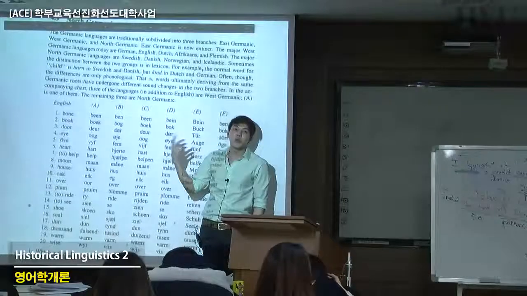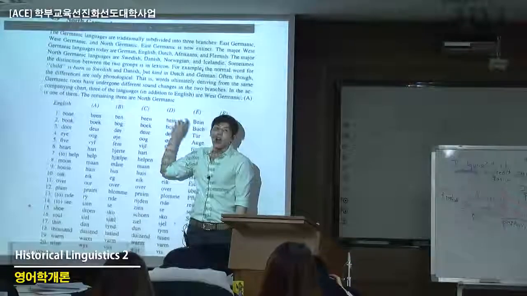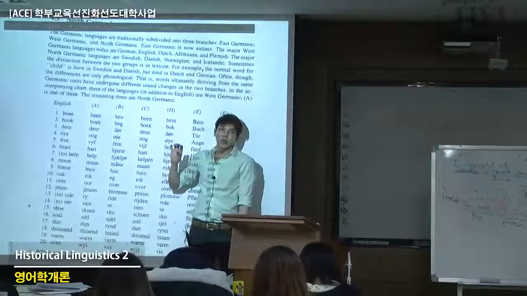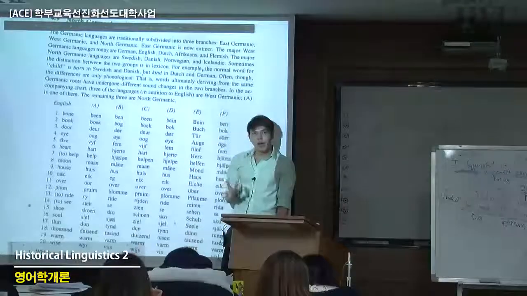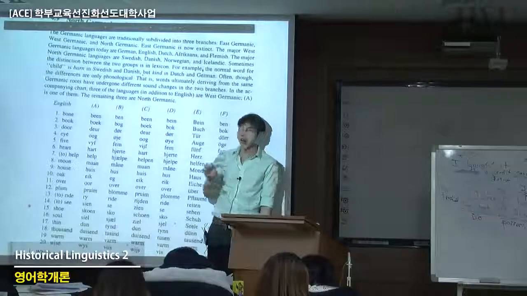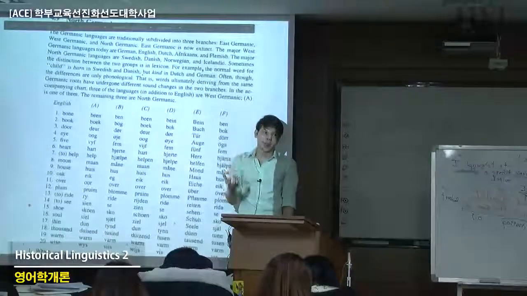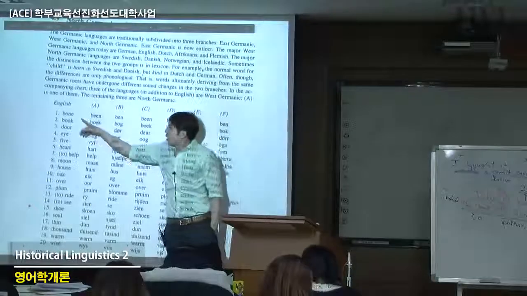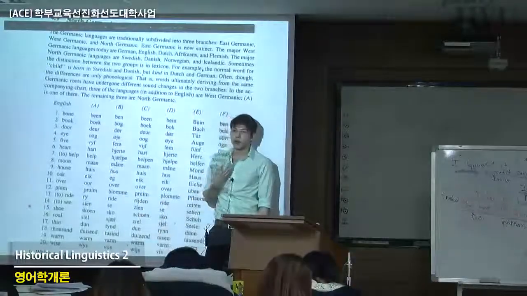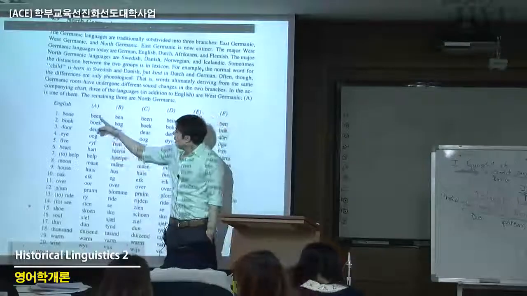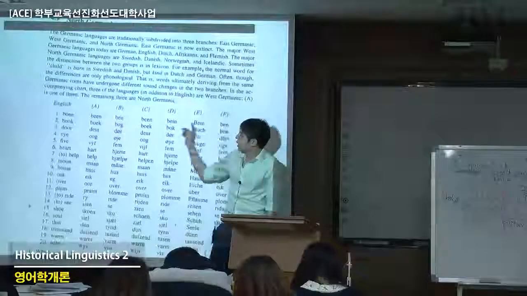So which ones are in the North Germanic and which ones are in the West Germanic? So the way to go about that is to compare, right? To compare the cognates, which ones look very similar to each other. So if you look at the first one, the word bone, right? Bone. You look across the board here.